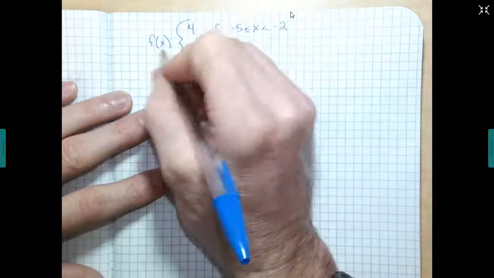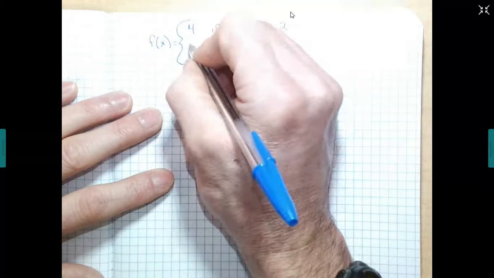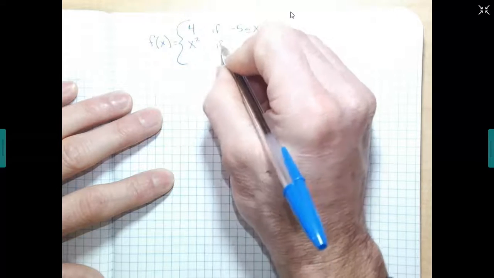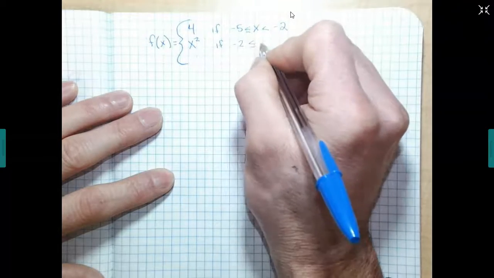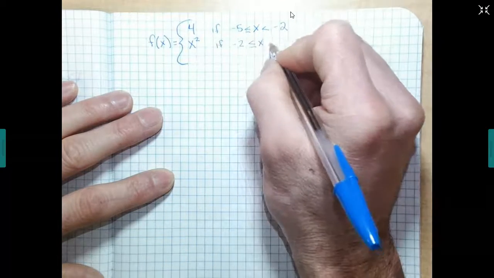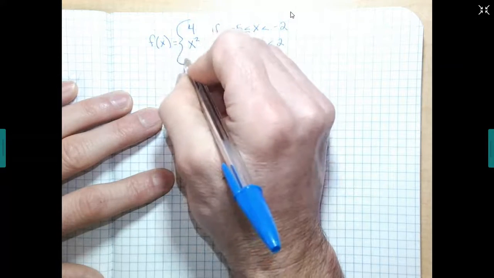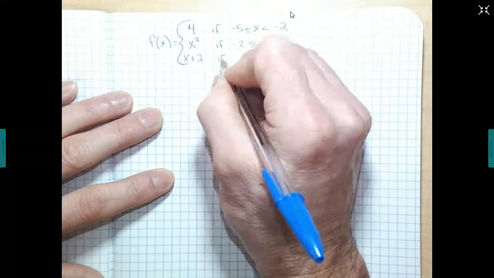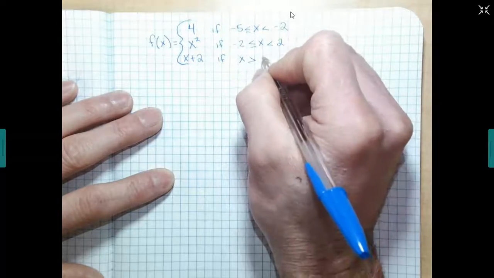What if we have f of x equals x squared if negative 2 is less than or equal to x, which is less than 2. And what if we had f of x equals x plus 2 if x is greater than 2.